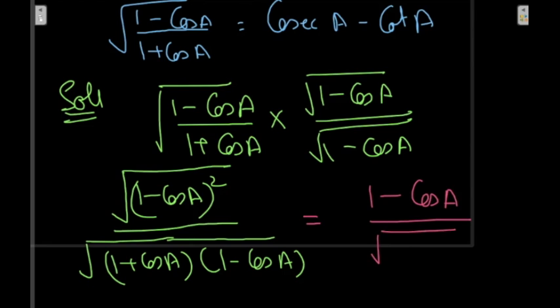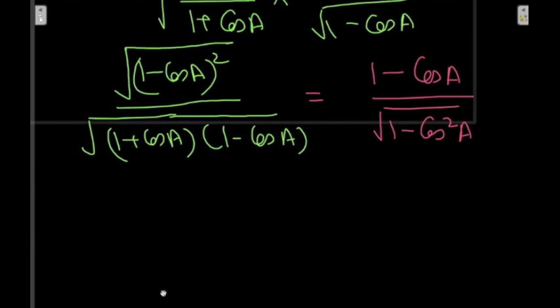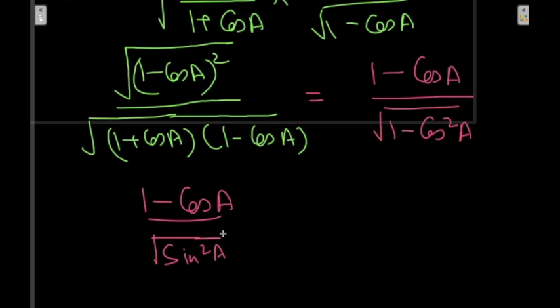It will become under root of 1 minus cos square a, which means this becomes 1 minus cos a over under root of sine square a. Look, there are 2 or 3 steps which I have done extra here. It's only for your understanding. This is equal to 1 minus cos a.